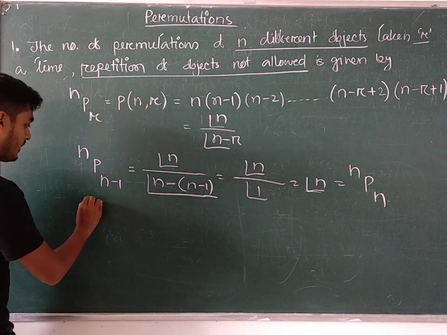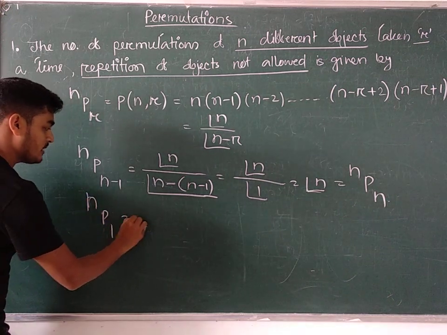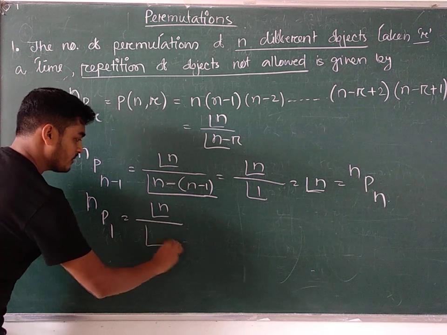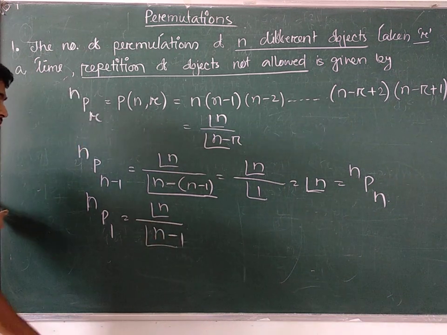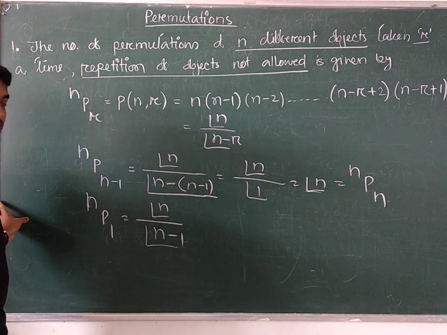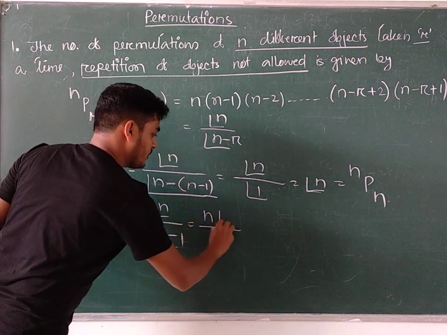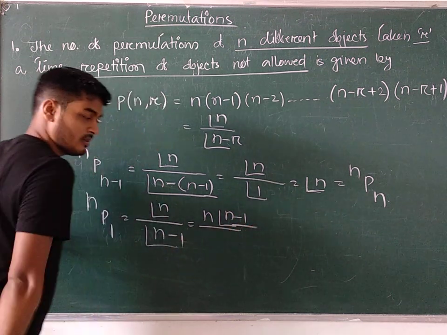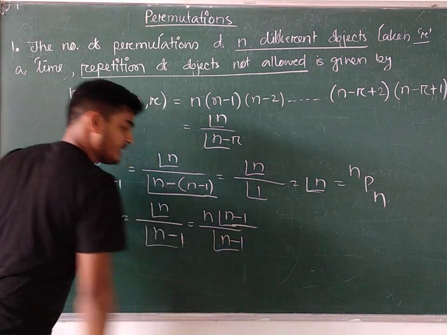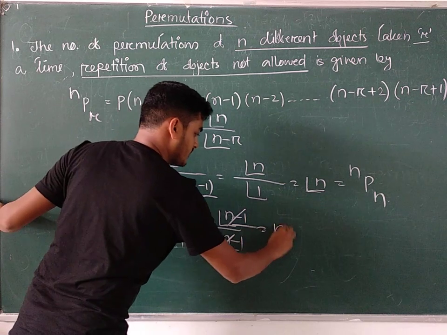Similarly, what is the value of nP1? nP1 is equal to factorial of n divided by factorial of n minus 1. Is it clear? So this expression can be written as n into factorial of n minus 1. Factorial of n minus 1 is already there, so it will be cancelled. What is the answer?